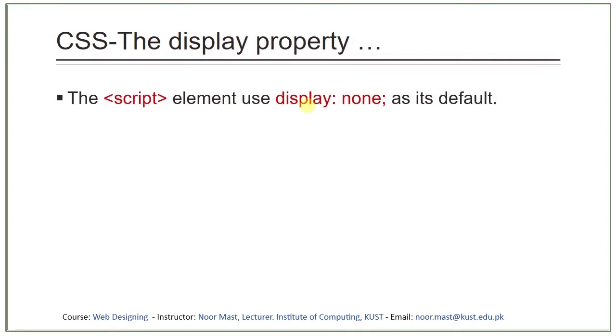Display none is commonly used with JavaScript to hide and show elements without deleting and recreating them. The script element uses none as the default value of the display property.